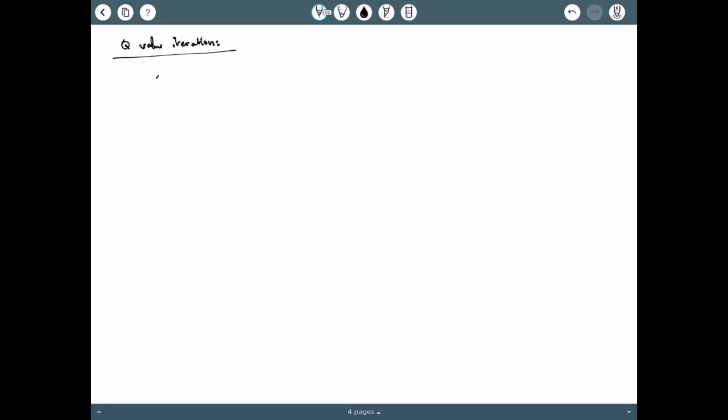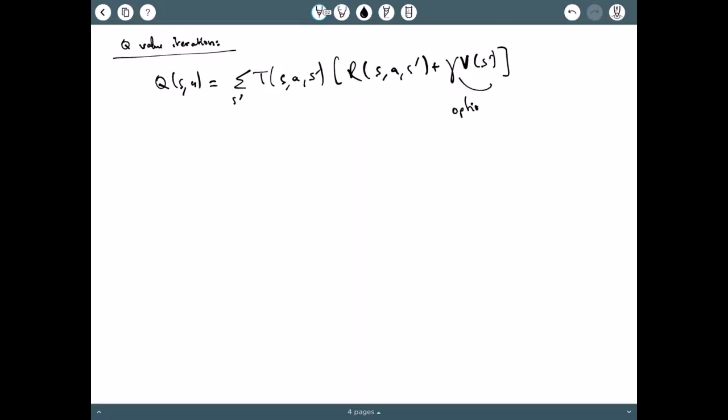Remembering that the Q function is the expected utility after having decided to undertake action A in state S, we can write the theoretical value of this Q function. And if we decide to be optimal in our behavior, this value here is the max over the actions of the Q values in S prime.